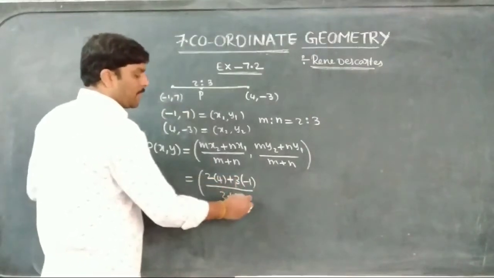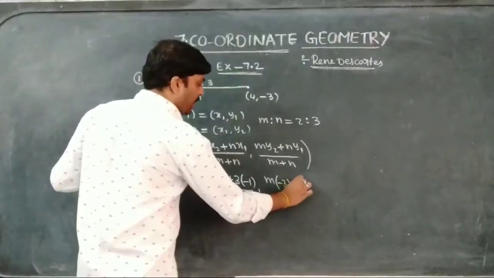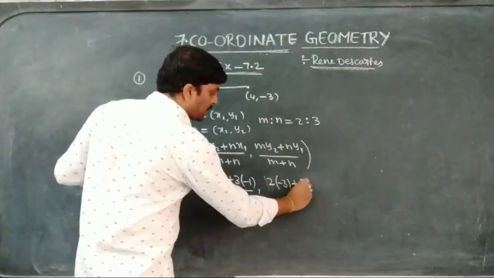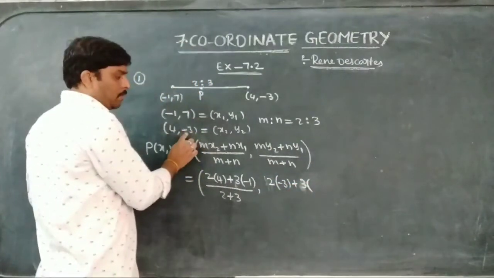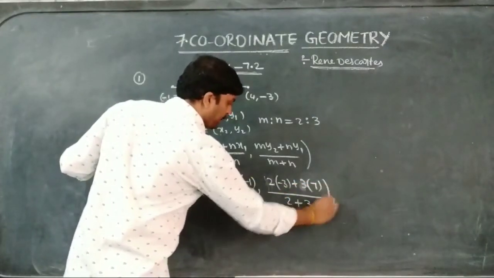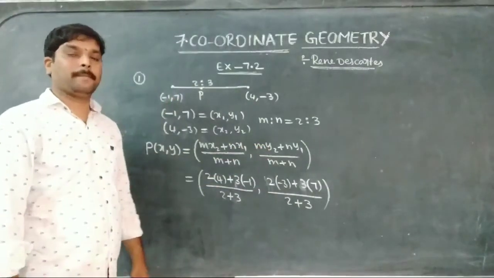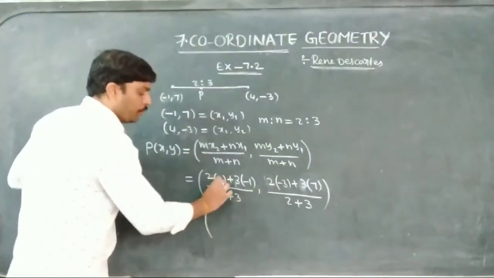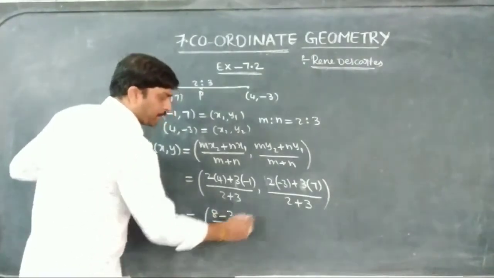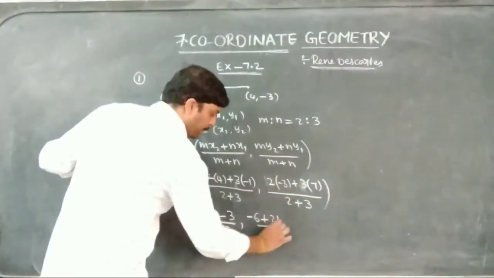Next, my2 plus ny1 by m plus n, with m value 2 and n value 3. So here 2 4s are 8, plus 3 into -1 is -3, by 2 plus 3, which is 5. Then 2 into -3 is -6, plus 3 7s are 21, by 5.